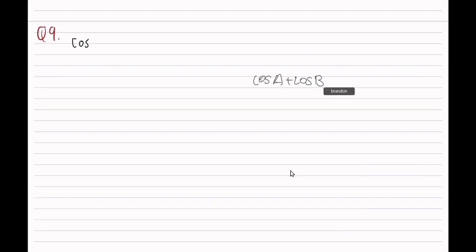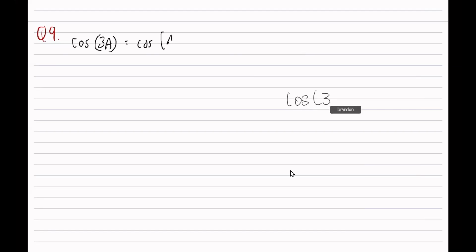So what is it, cosine 3A or 3 theta? 3A, right? You can split it up as A plus 2A.